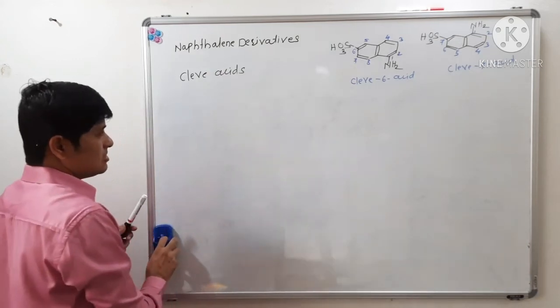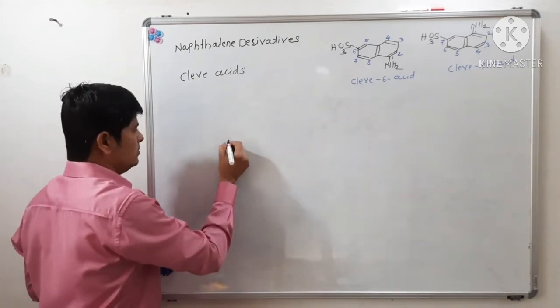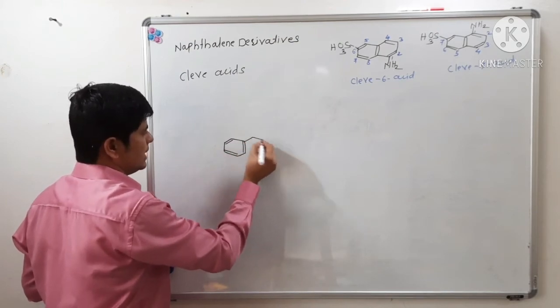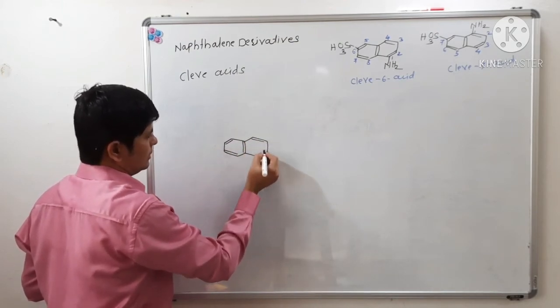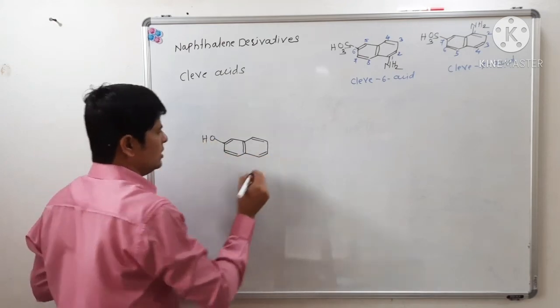See, for the synthesis of Cleve 6 and Cleve 7 acid, we have to start from beta-naphthol, or 2-naphthol.